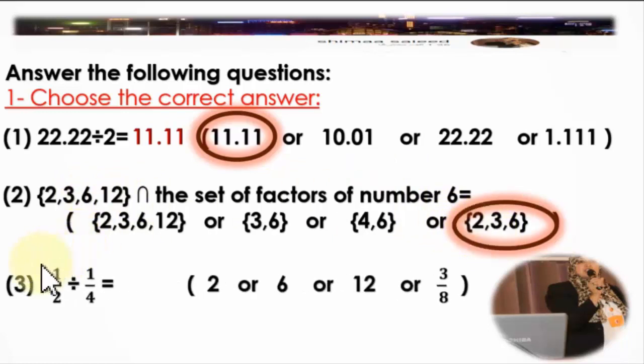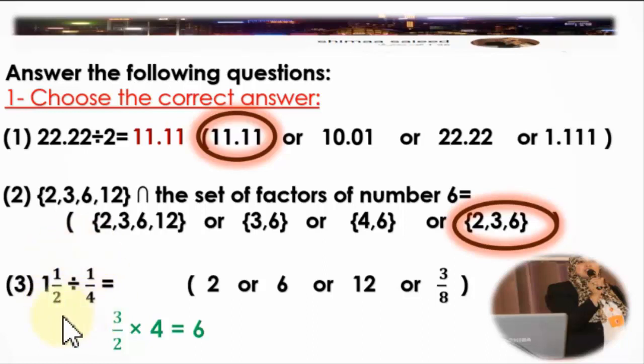After that we have 1.5 divided by a quarter. Firstly, we will convert this mixed number into an improper fraction by multiplying the whole number by the denominator, then add the numerator. 1 times 2 equals 2, 2 plus 1 equals 3, so 3 over 2.